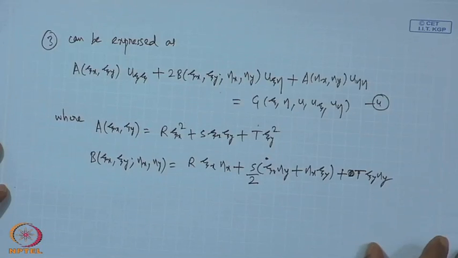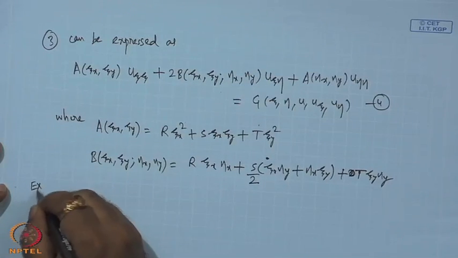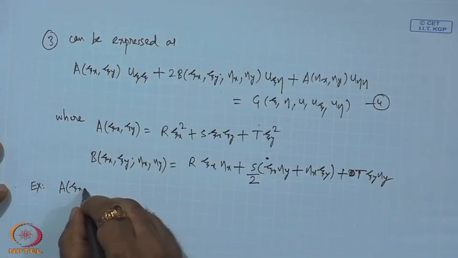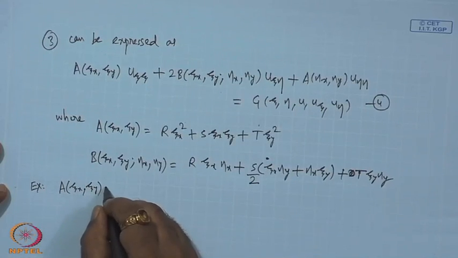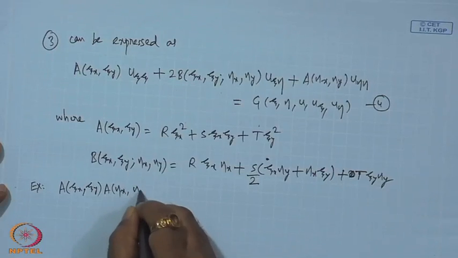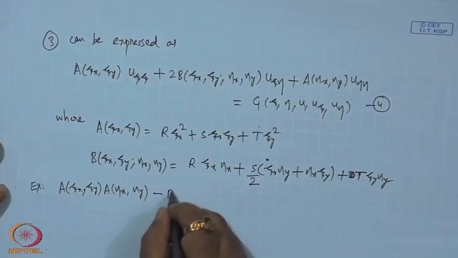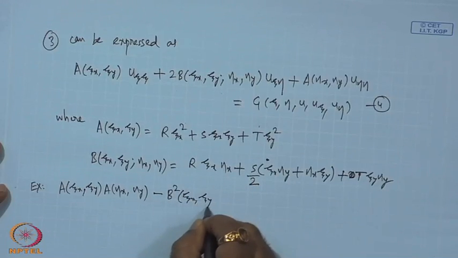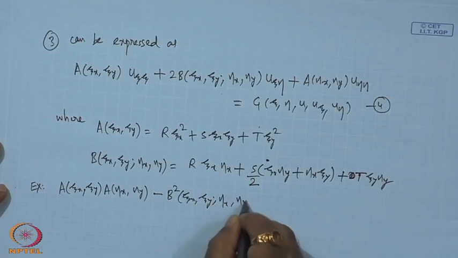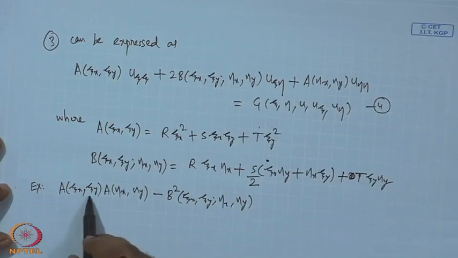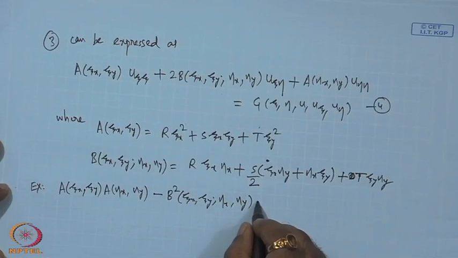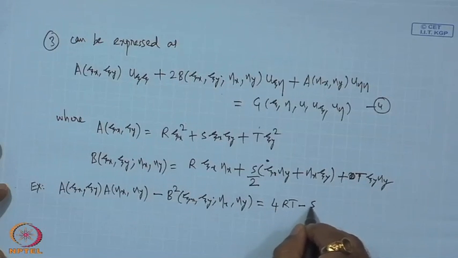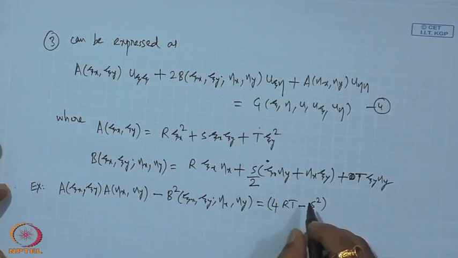Now an exercise: a on this minus b square is 4rt minus s square.